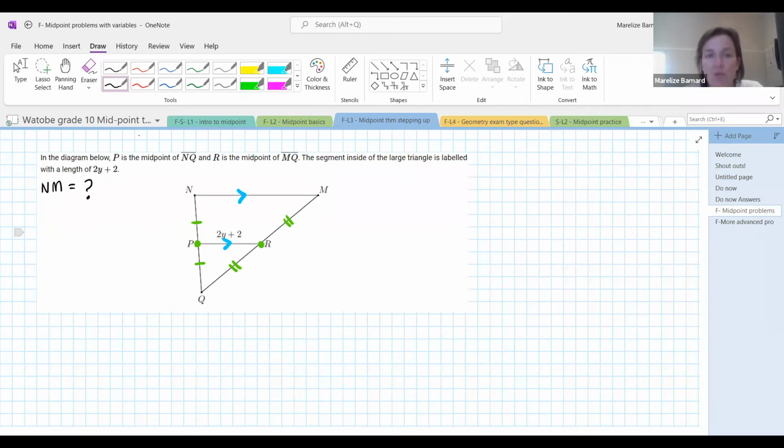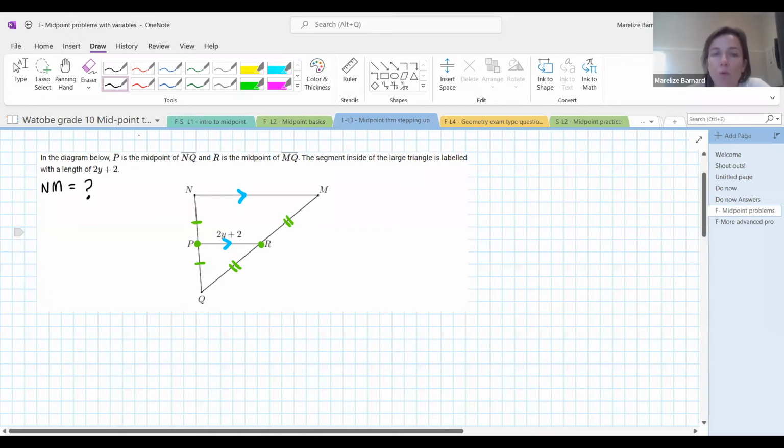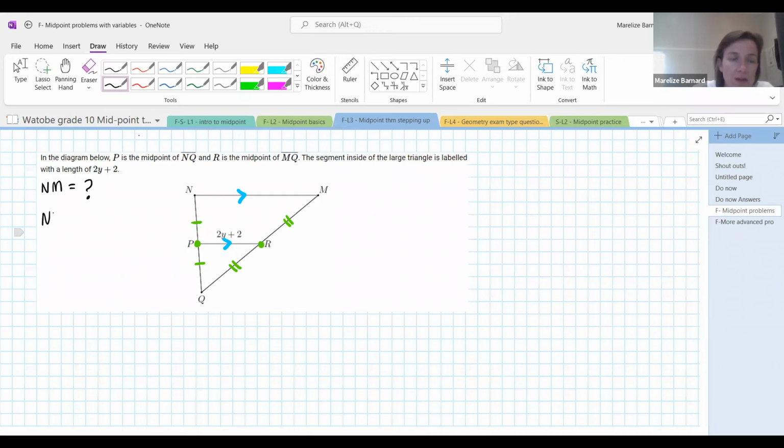What is NM equal to? So if we know that PR is 2y plus 2, what do we know about PR and NM? Because of the midpoint theorem, NM will be twice the length of PR. So I'm going to write that down. NM is equal to 2 times PR. Why? Because of midpoint theorem.